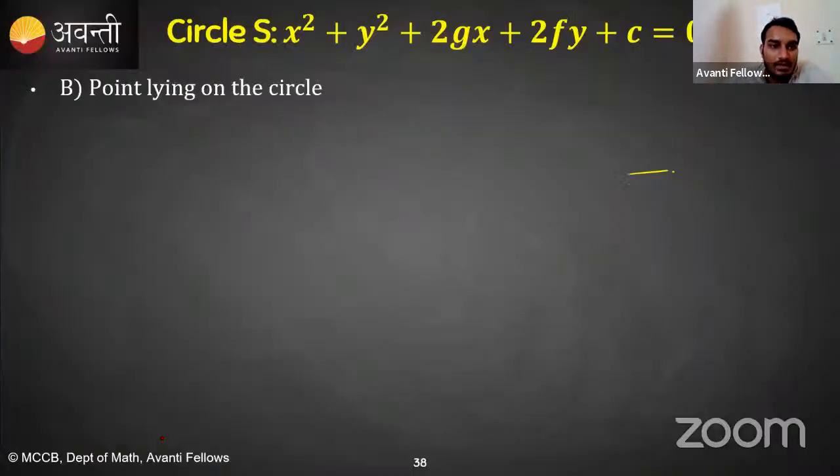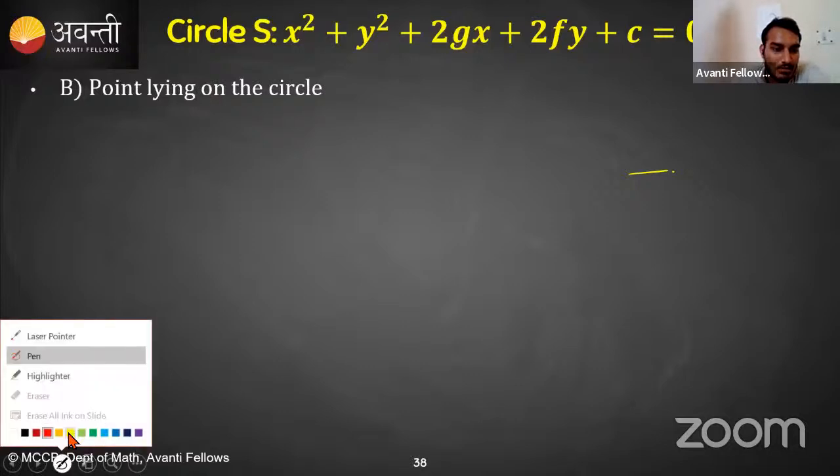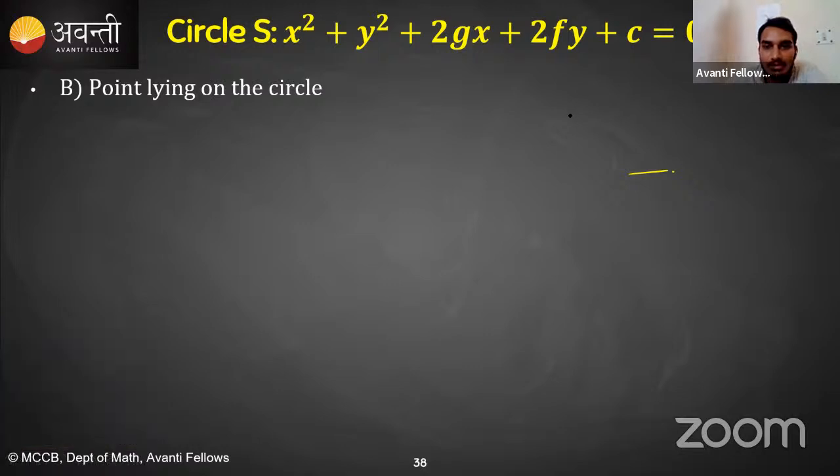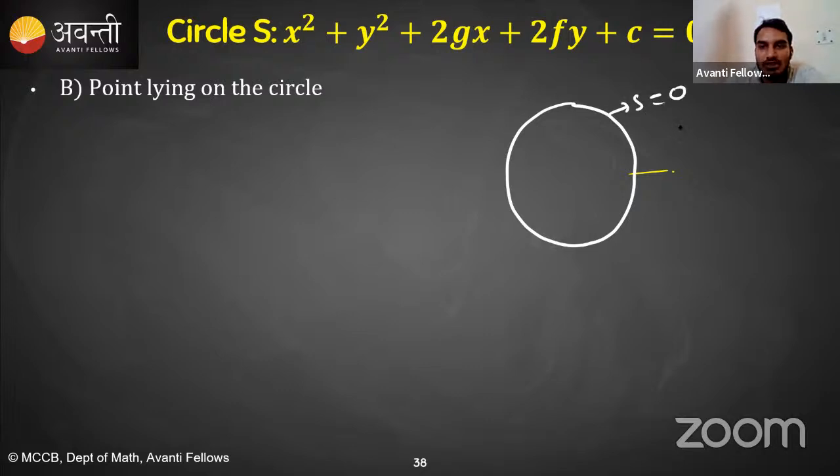Yeah. So now the same way, let's say the circle is this. That's why I have written here S. This is circle S, S is equal to 0. S means x square plus y square plus 2gx plus 2fy plus c equal to 0. This is the center C, which is minus g comma minus f.